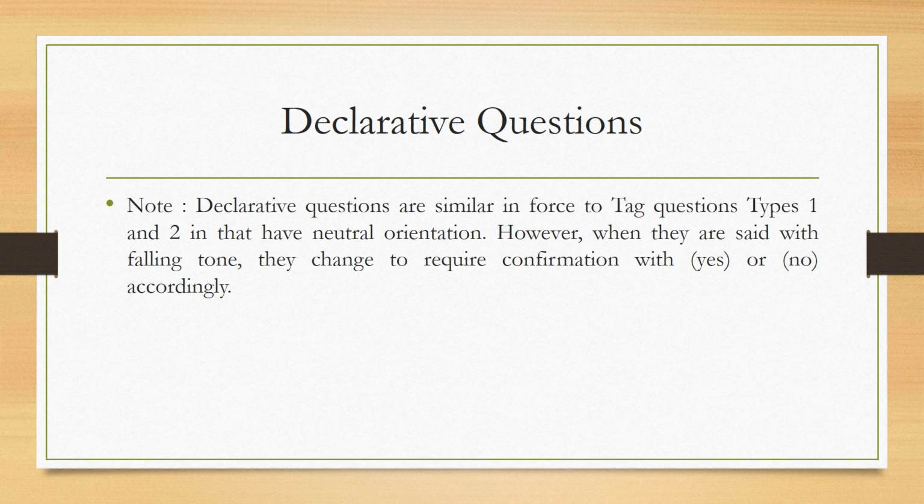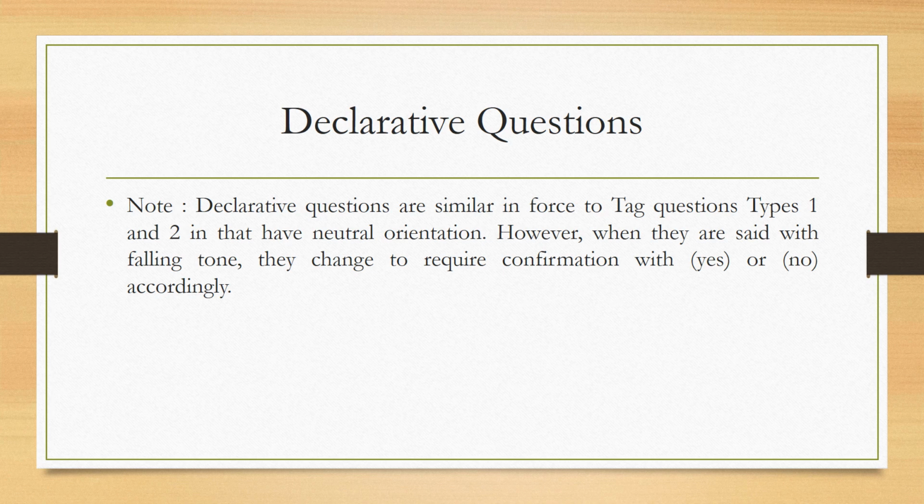Declarative questions are similar to tag question types number 1 and 2. If you remember, we said that they are produced with rising tones and they have a neutral expectation. What does neutral expectation mean? It means that they can be answered with either yes or no. The speaker is not oriented towards a specific answer.